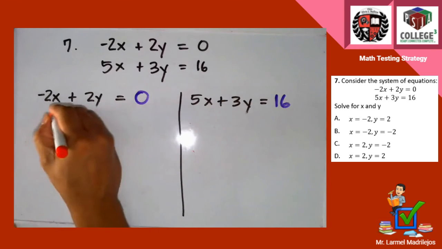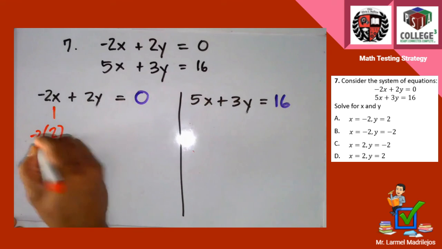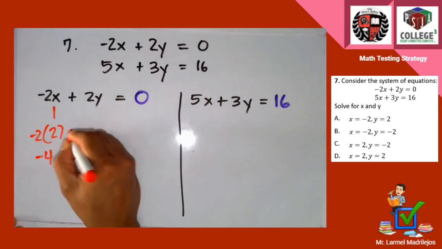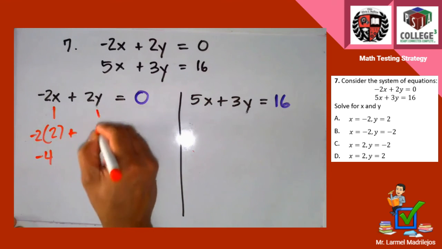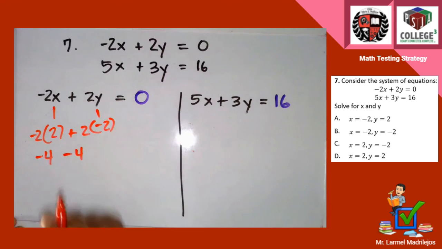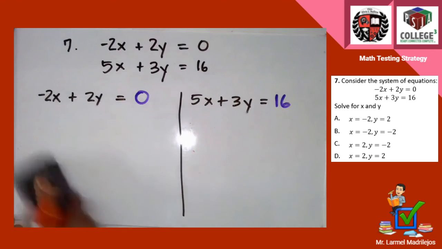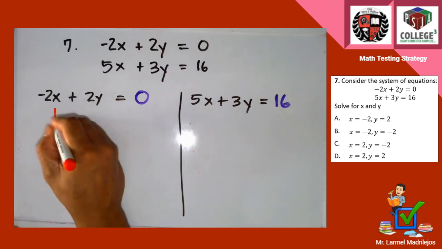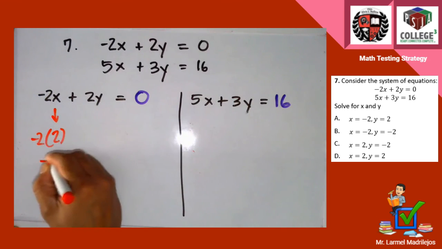Letter C, when x is equal to 2 times negative 2, it's negative 4. And y is equal to negative 2 times 2, it's negative 4. Negative 4 minus 4 is negative 8. Doesn't match. Let's try letter D. When x is 2 times negative 2, negative 4.